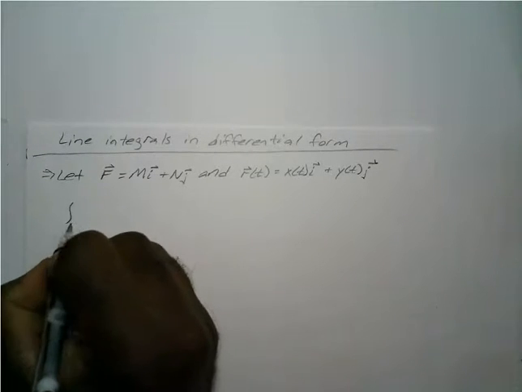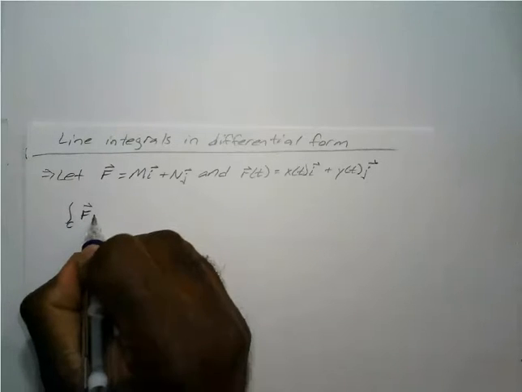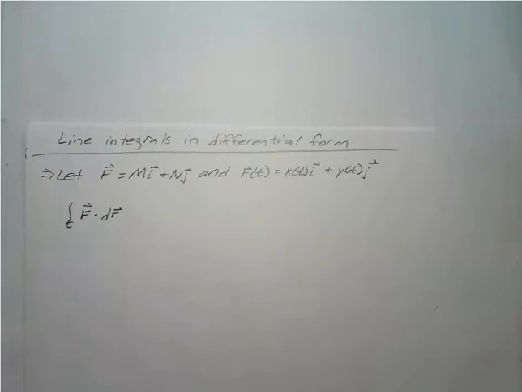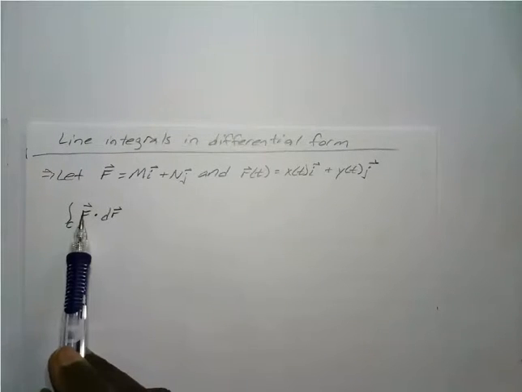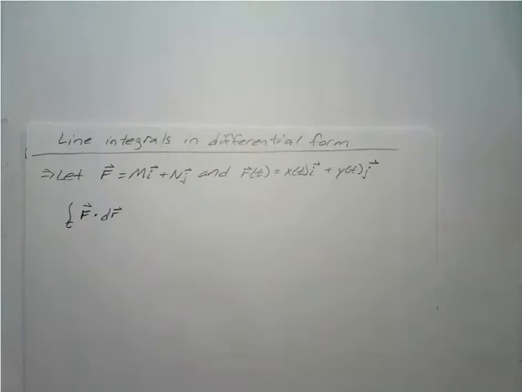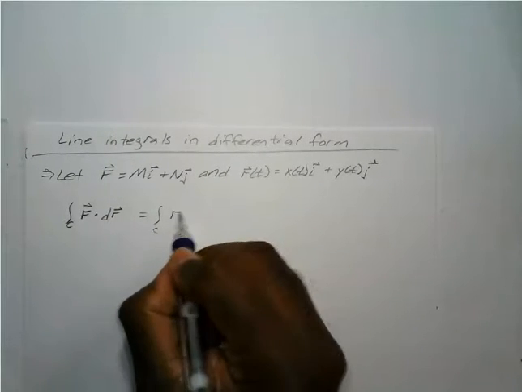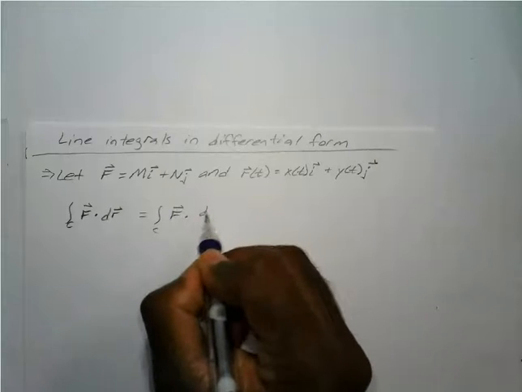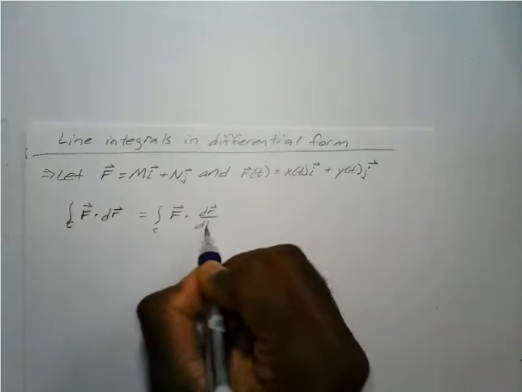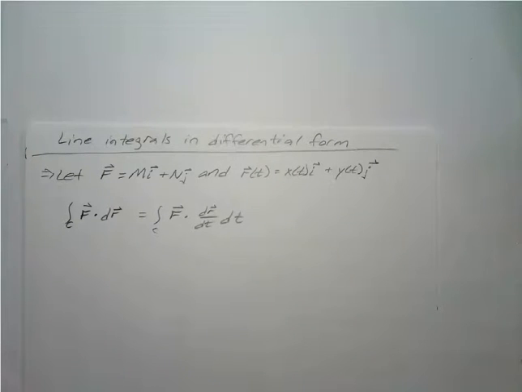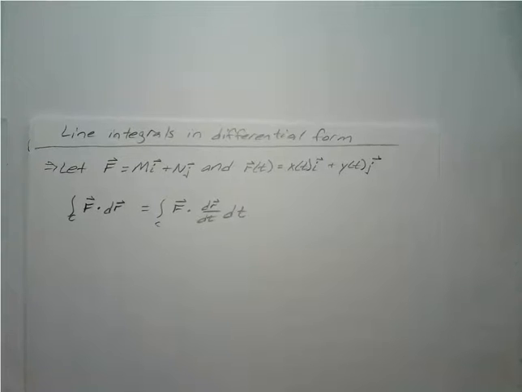Okay, so we already know that the integral of the dot product of the vector field and the derivative of our curve is equal to the dot product using the chain rule. We just add our dt and dt, of course, that would cancel out. Okay.